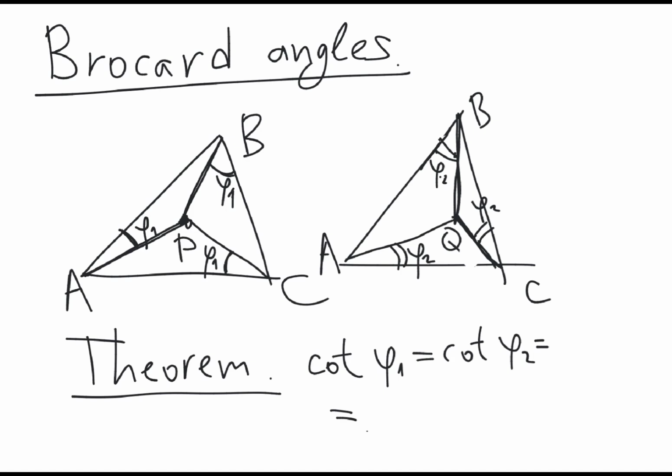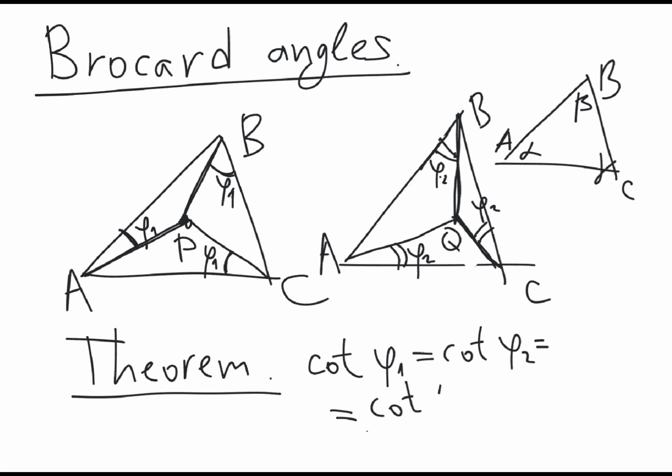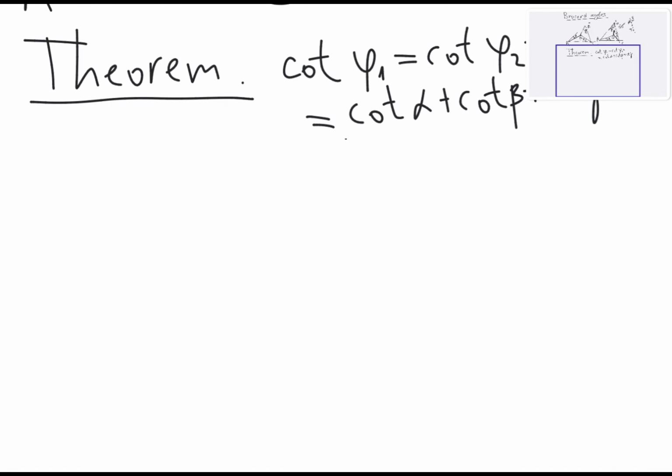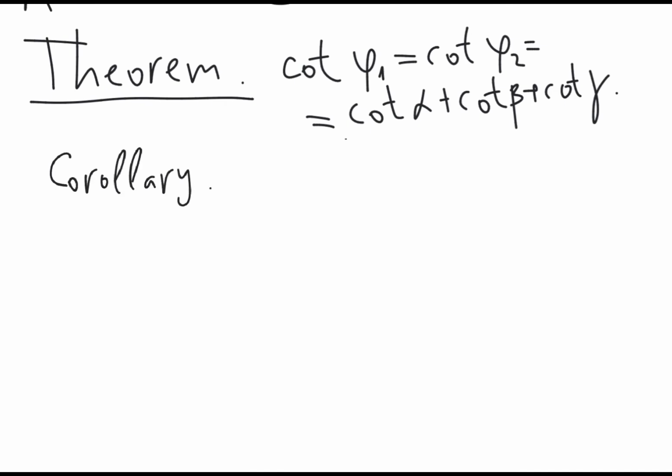Let's denote the angles of the triangle ABC by alpha, beta, and gamma. So this is equal to cotangent alpha plus cotangent beta plus cotangent gamma. And as a corollary, phi1 is equal to phi2.